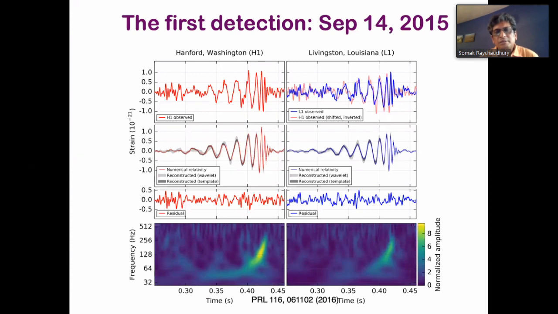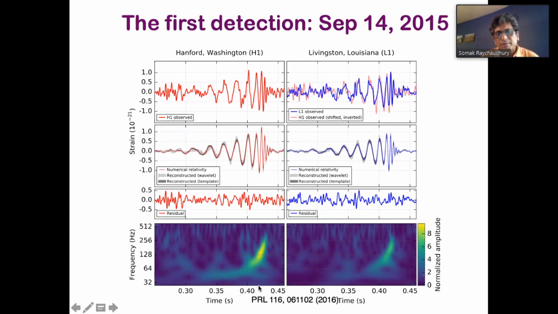The first detection in 2015, people might have shown this in earlier lectures, and you'll see more of this, came in the form of this, which came from the merger of two black holes. And the idea is that as two black holes of the order of the mass of the sun, it turns out the first detection were black holes of the order of 30 times the mass of the sun each, as they merge together, they come closer and closer, and the frequency of the gravitational wave that comes out increases.